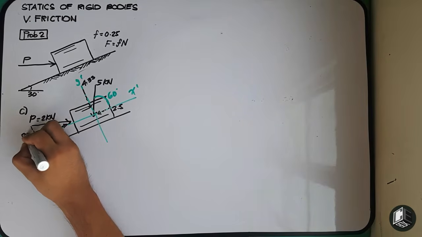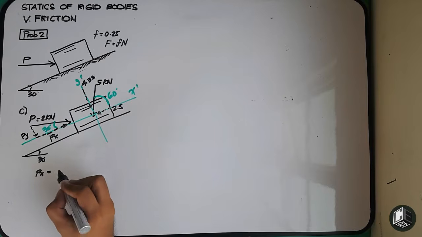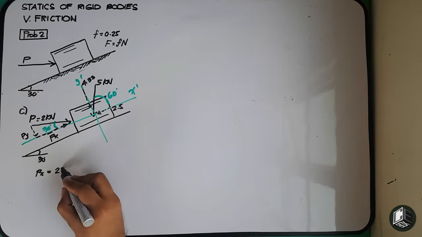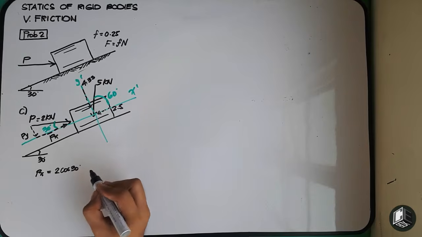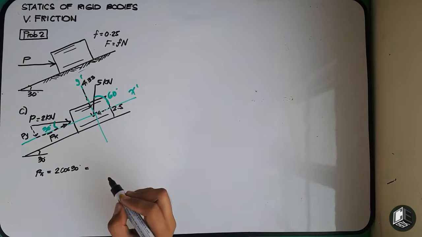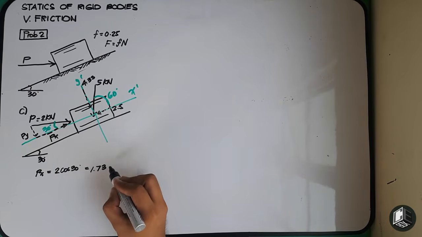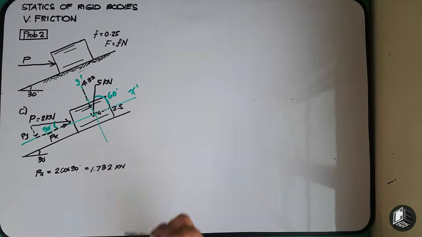This one is Py. So our Px is equal to P, which is 2 kN multiplied by cosine of 30 degrees. Therefore, our Px is equal to 1.732 kN.